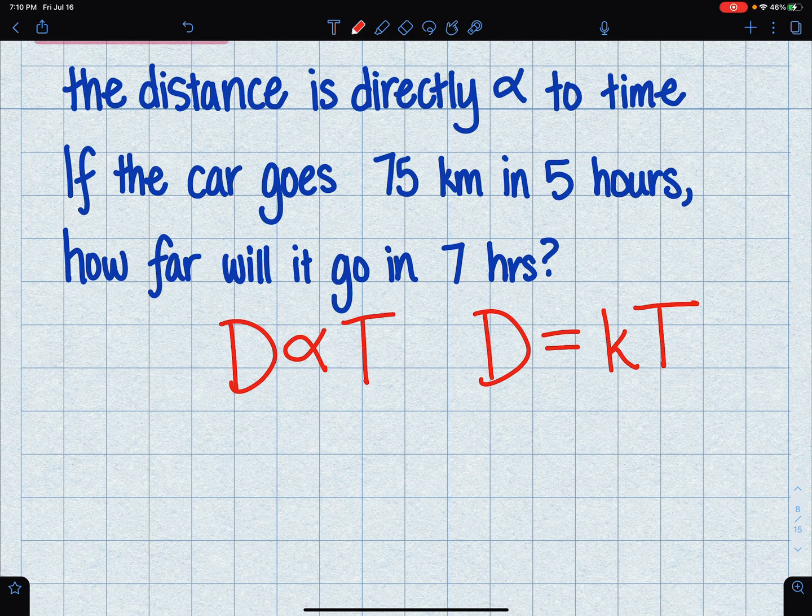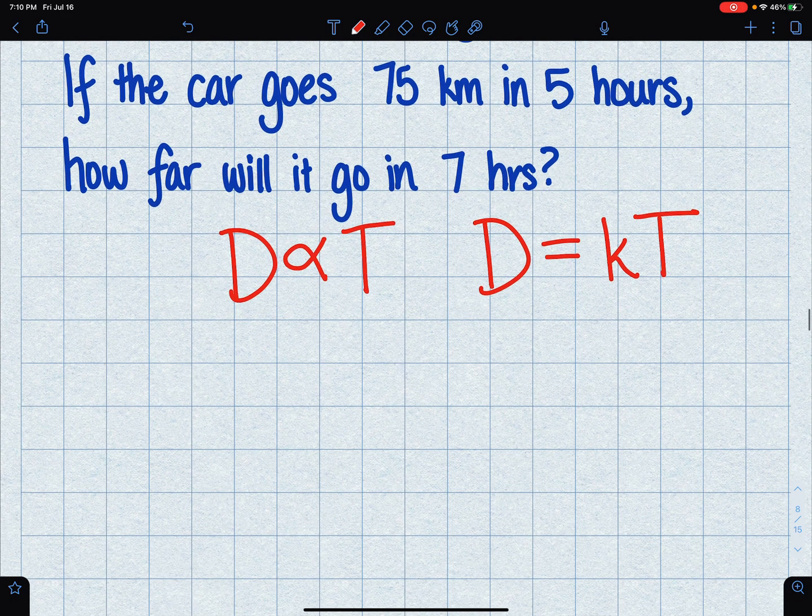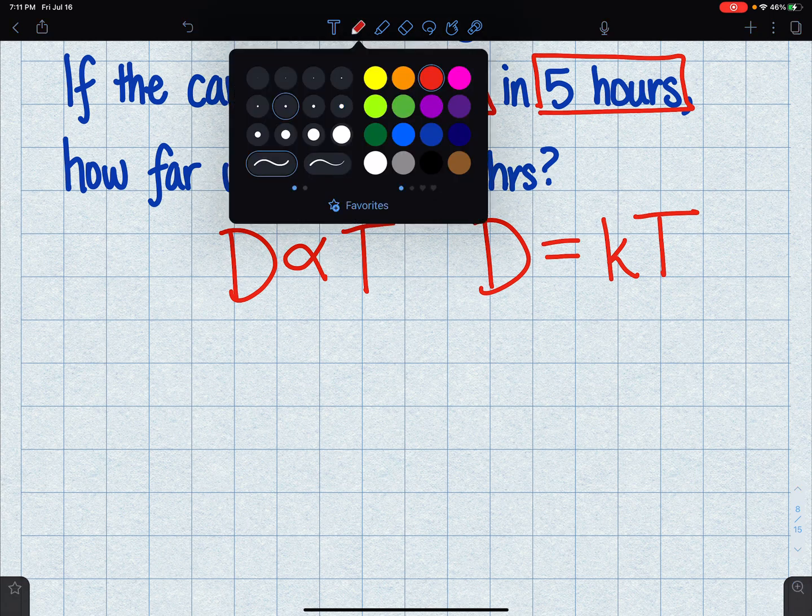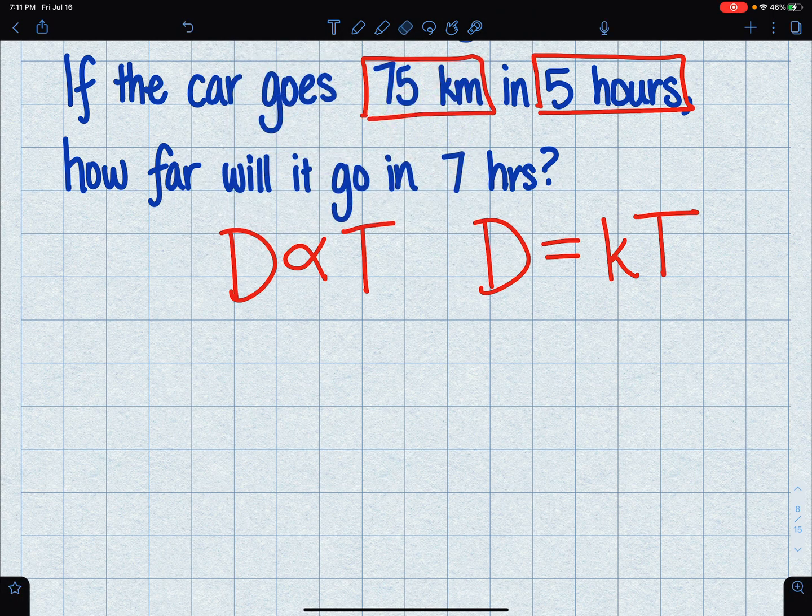That makes sense. Now they're giving you some information so you can figure out this constant. It goes 75 kilometers in 5 hours. So the distance is going to be 75 kilometers. Let's write that under this distance. So this is my equation.